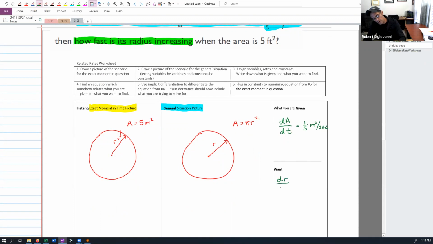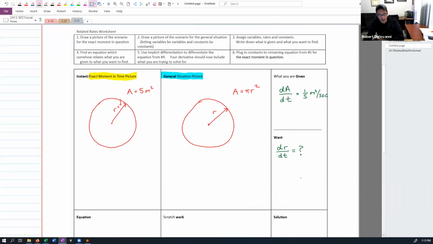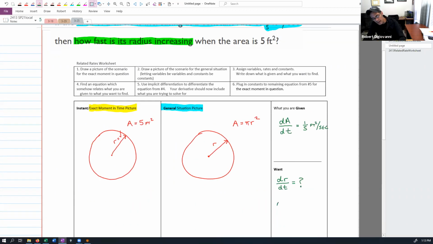The radius, r with respect to time. That's what we want to know. And when do we want to know that? At exactly what moment? When the area reaches 5 square feet, at exactly the moment that the area is 5 square feet.